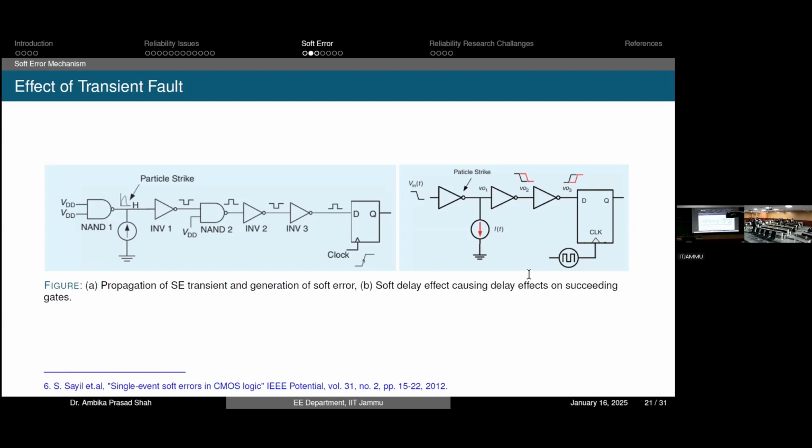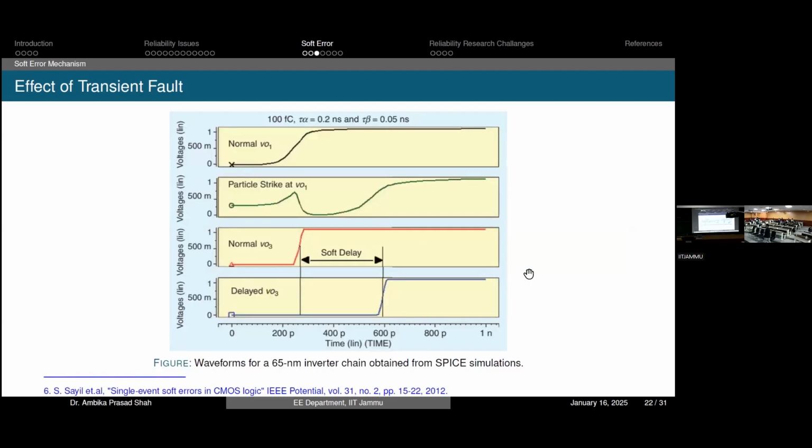If you have given sufficient margin, then it's fine, your system can work. But if you don't have a sufficient margin for that delay, then it can add more delay than you were expecting, and your system may fail. So these are the impacts of this particle strike on delay as well as the logic.